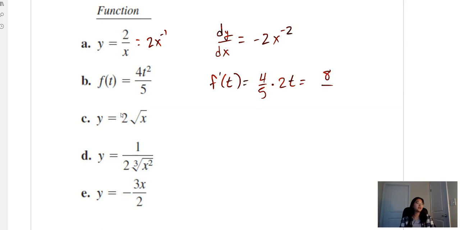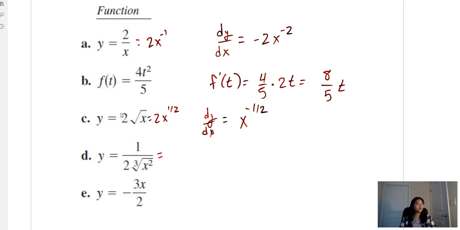Let's write that a little better, 8/5 t. What about c? When I write this with the dy dx notation, just because I feel like it. This is 2 times x to the 1/2 power. So when I take this 1/2 and multiply by 2, I just get 1, and I'm lazy, so I'm not going to write that. And then I have x to the 1/2 minus 1, which is negative 1/2. There you go.